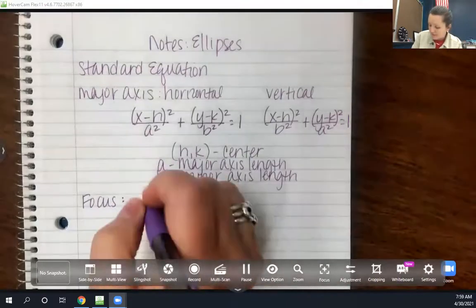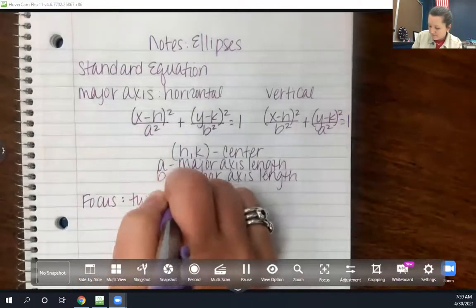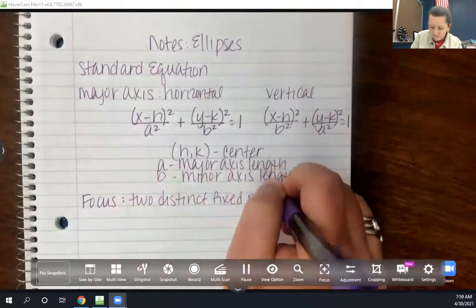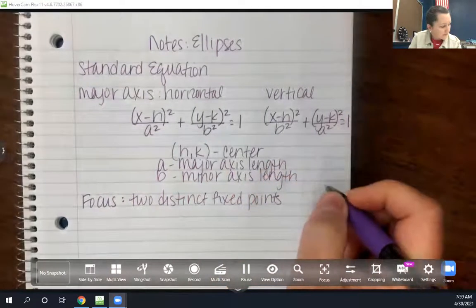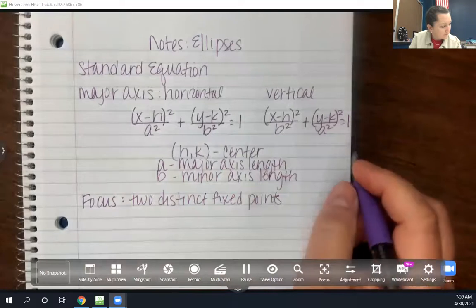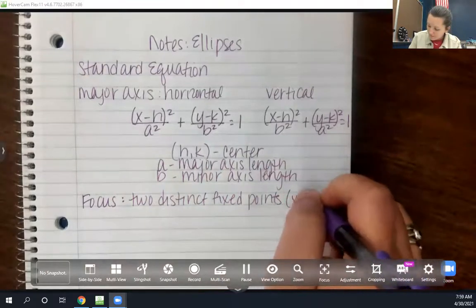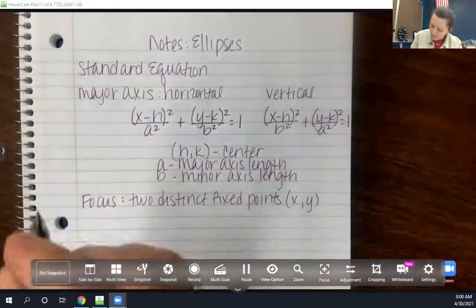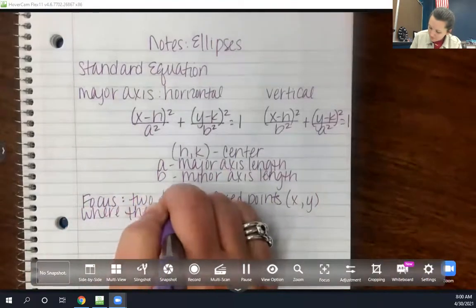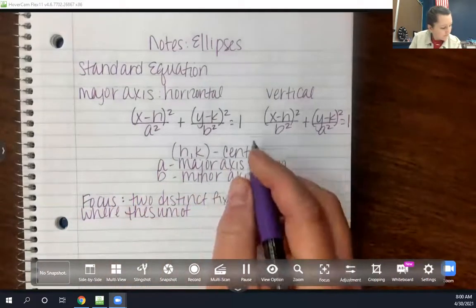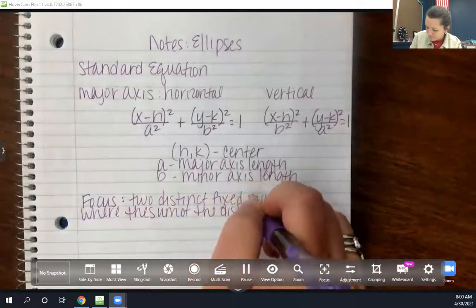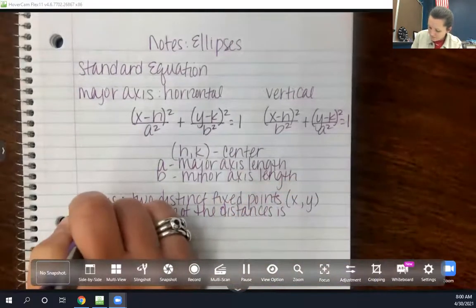They are two distinct fixed points, where the sum of the distances to a point x, y is constant.